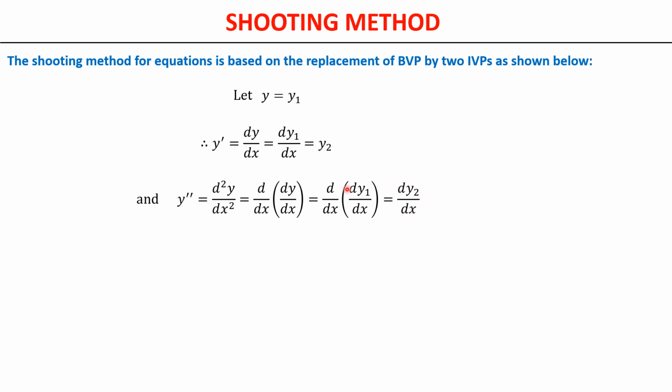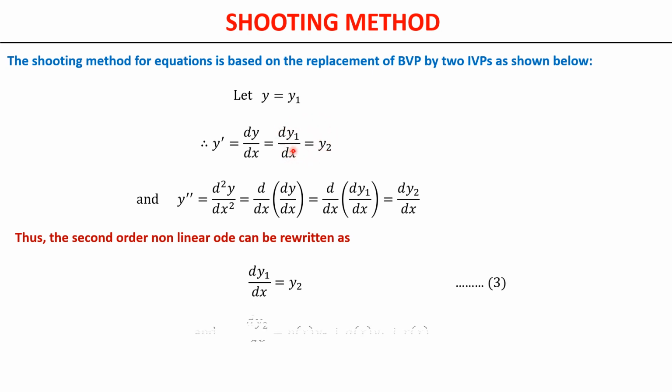And d by dx of dy1 by dx is dy2 by dx. So y double dash is written as dy2 by dx, y dash is written as y2, and thus the second order differential equation which we earlier wrote as y double dash equal to p of x, y dash, etc., can now be split into two first order ODEs. The first one is dy1 by dx equal to y2, and the second is dy2 by dx, which is y double dash.